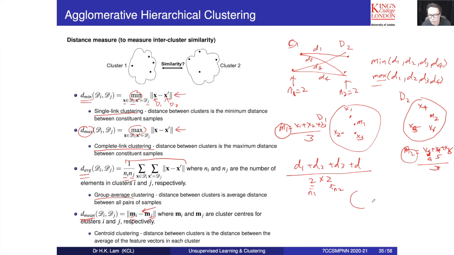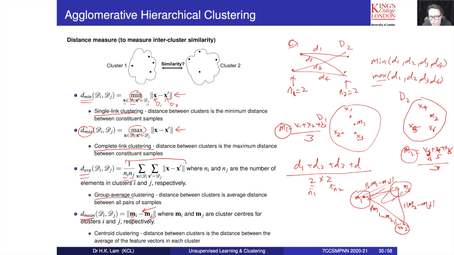If we have more than 2 clusters, we find the centers and all the combinations: the distance between M1 and M2, and the distance between M2 and M3.